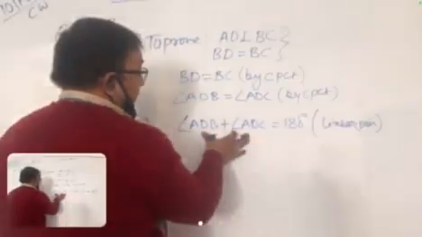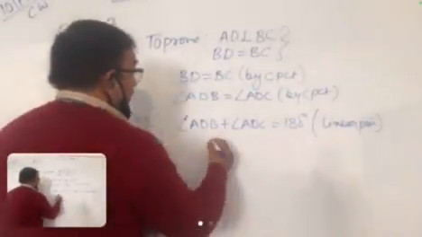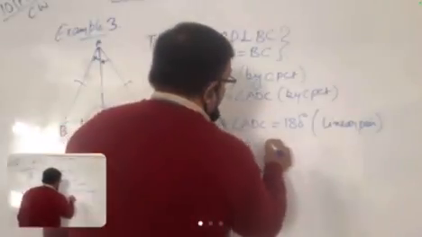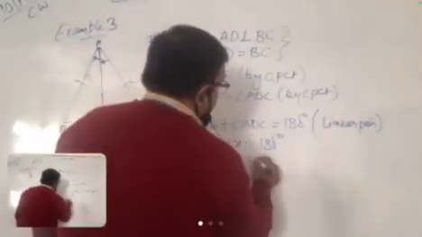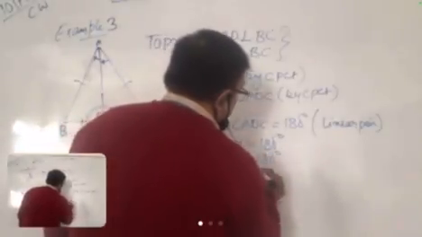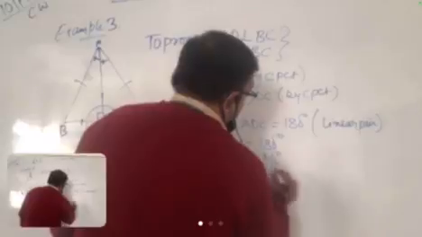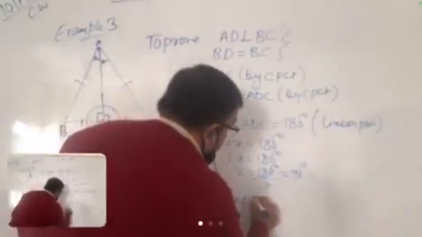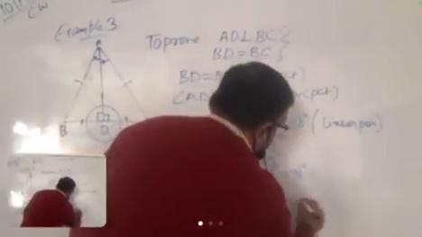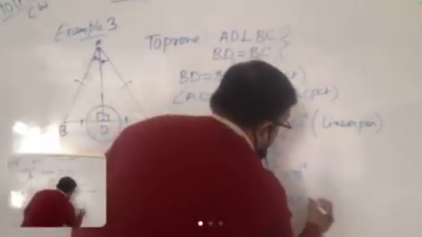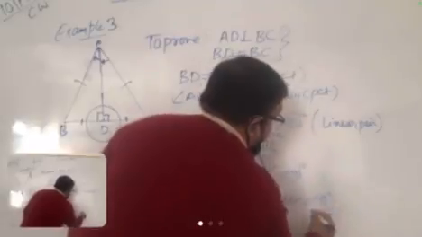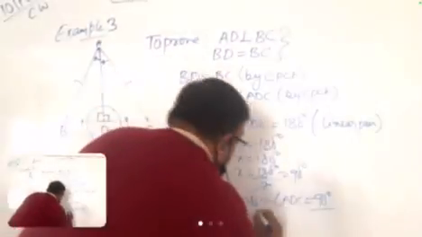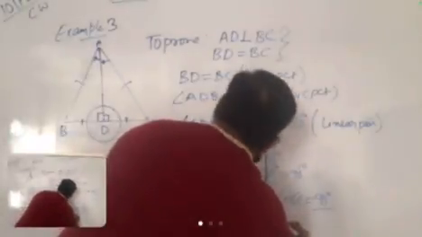So we know that both the angles are equal, so you can write x or anything like this. x plus x is equal to 180 degree, so 2x is equal to 180 degree, so x is equal to 180 degree upon 2, which is equal to 90. Therefore angle ADB is equal to angle ADC is equal to 90 degree, and after that we can write AD is perpendicular to BC.